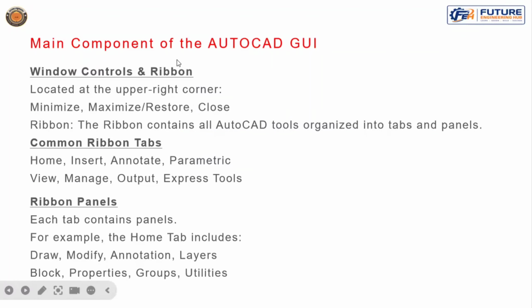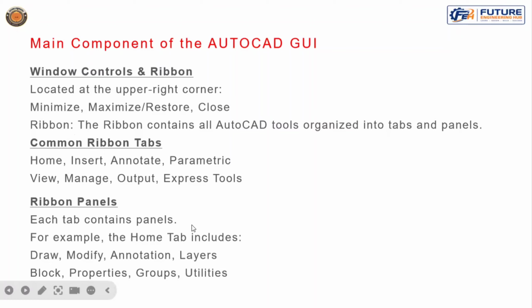Window control and ribbon. Window controls are located at the upper right corner: minimize, maximize, restore, and close. The ribbon contains all commands. Tools are organized into tabs and panels. Common ribbon tabs: home, insert, annotate, parametric, view, manage, output, express tools.